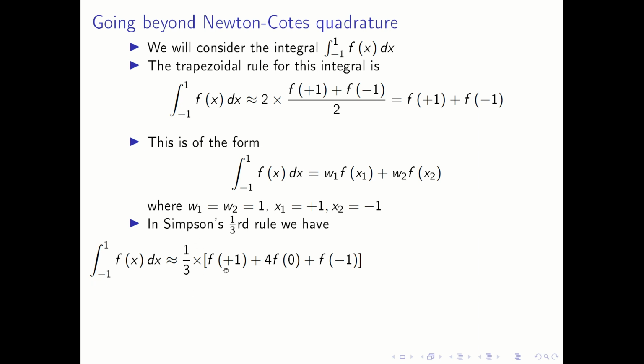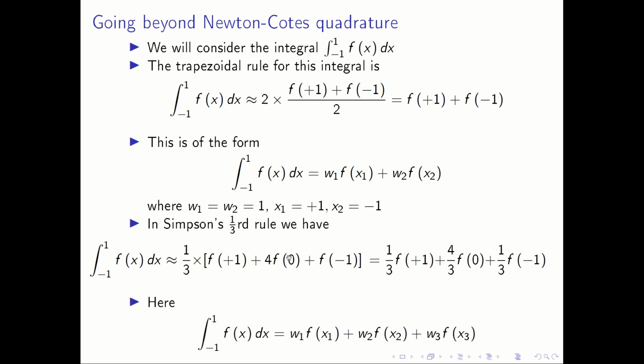So it's 1/3 times the value of the function at one end plus the value of the function at the other end plus 4 times the value of the function right at the middle, which is this: 1/3 f +1 plus 4/3 f0 plus 1/3 f -1. This again is of the form w1 f x1 plus w2 f x2 plus w3 f x3, where w1, w2, w3 are 1/3, 4/3 and 1/3 respectively. x1, x2 and x3 are +1, 0 and -1.